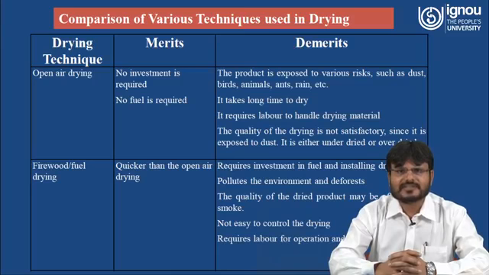It requires labor to handle the drying material, because the crops or whatever product is placed to dry are placed in the open area. That means some labor is required to observe the product, and the quality of drying is not satisfactory since it is exposed to dust. It is either under dried or over dried.